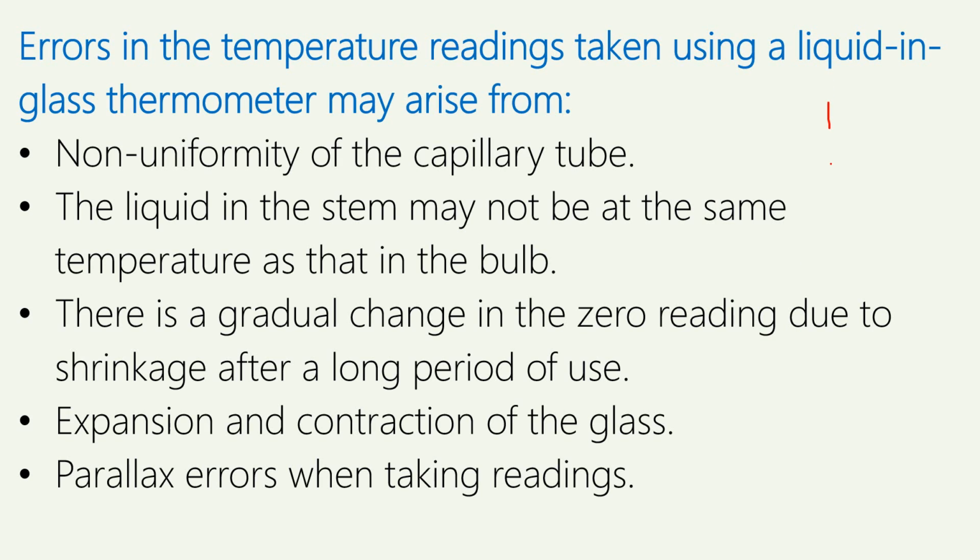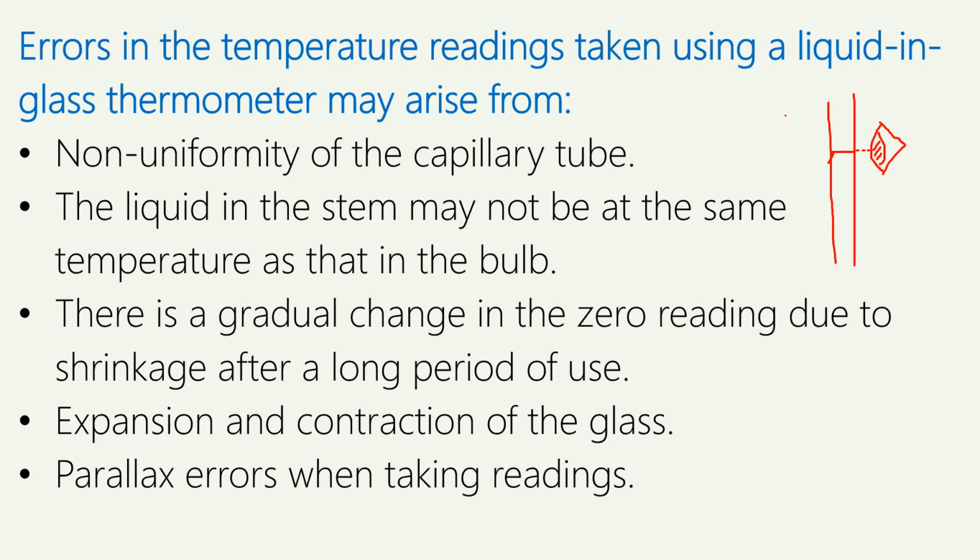If this is our bore, if the mercury ends here, I'm assuming the mercury ends around here. Now, if you position your eye, you have to position it directly so that you take the direct reading like this from there.